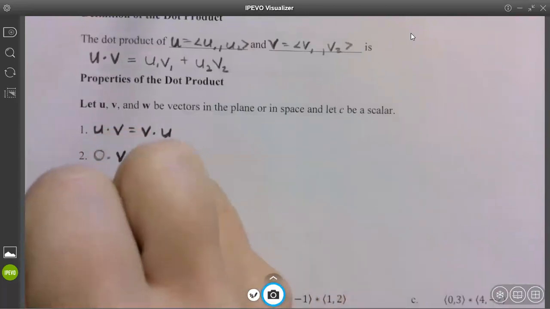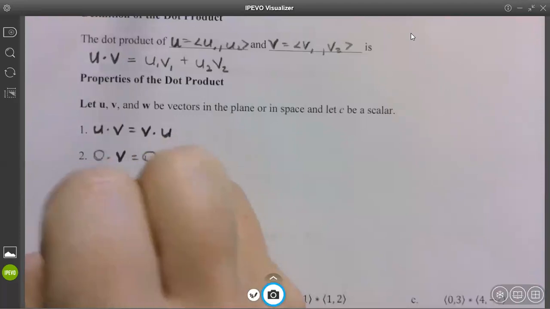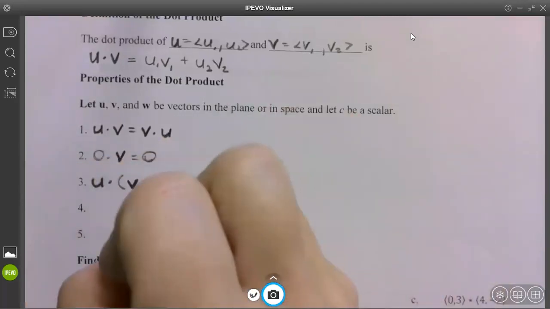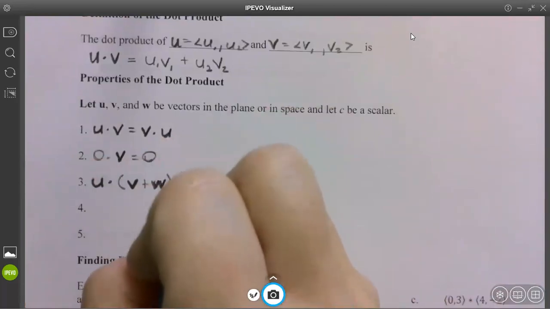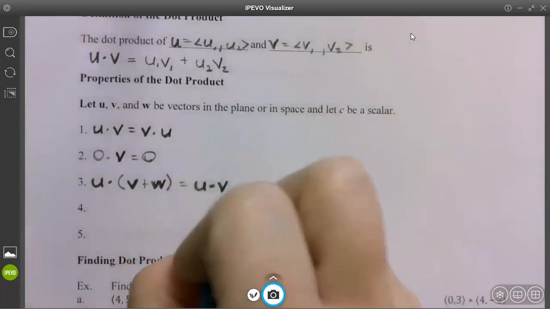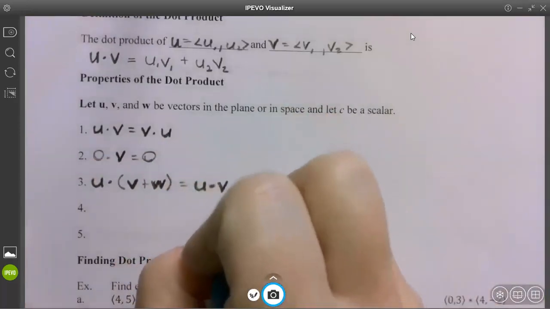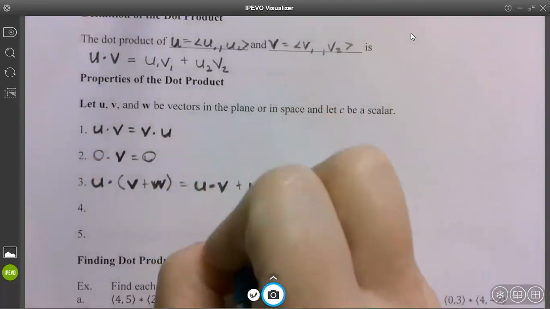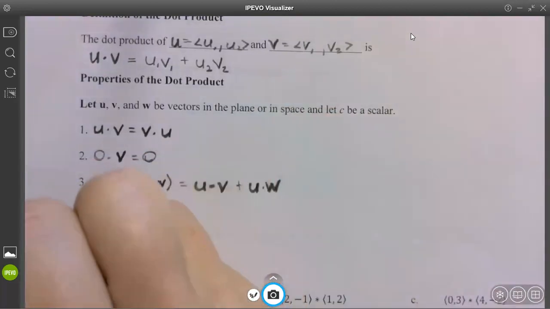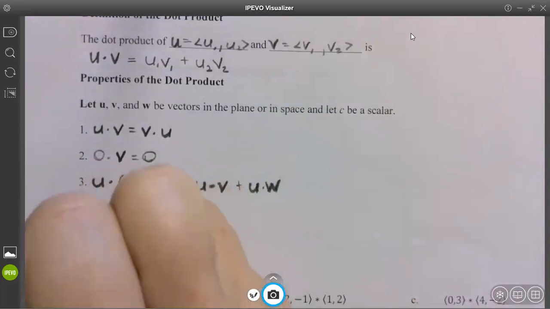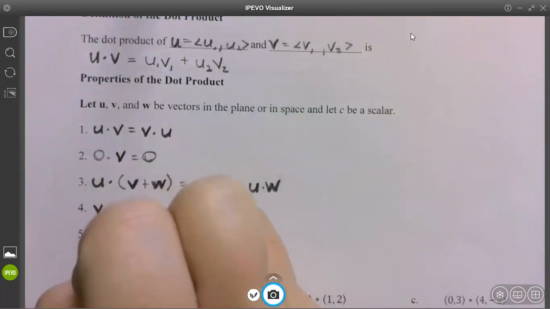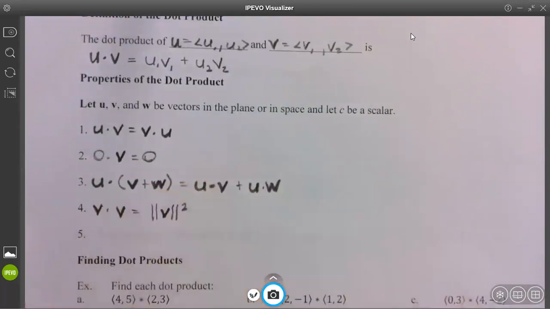U times (V plus W) is equal to U times V plus U times W. The fourth one, V times V is equal to the magnitude of V squared.